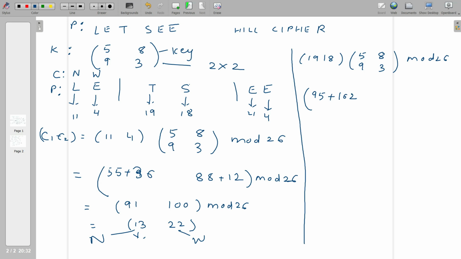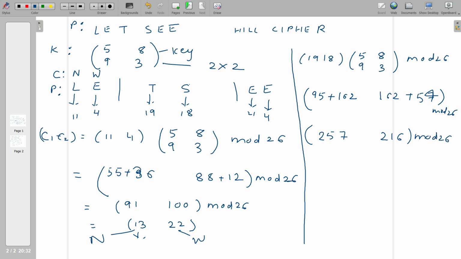Similarly, 19 into 8 comes out to be 152, and 18 into 3 comes out to be 54, and it is a mod 26 operation. So 19 into 5 plus 18 into 9, 19 into 8 plus 18 into 3. So 95 plus 162 comes out to be 257, and 152 plus 54 comes out to be 206, and it is a mod 26 operation.